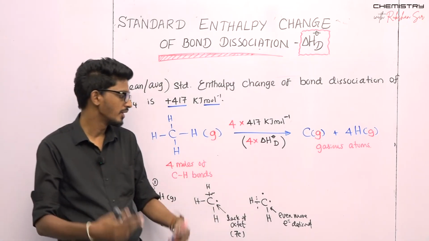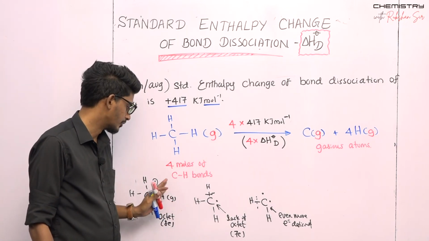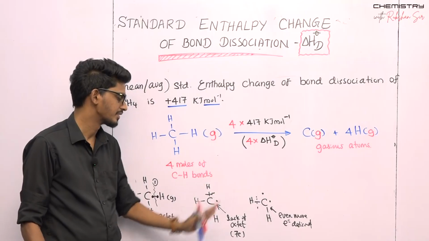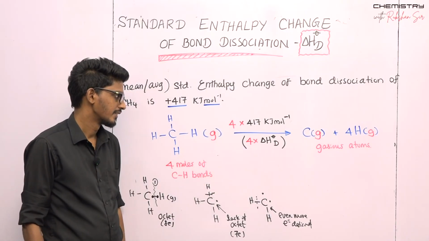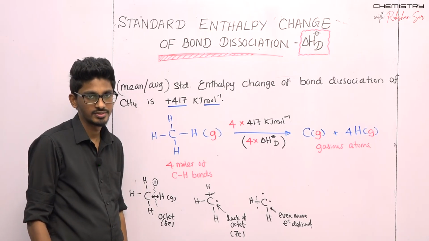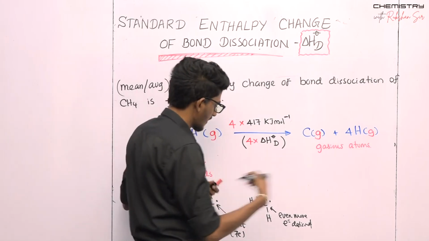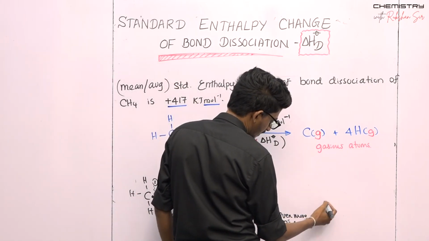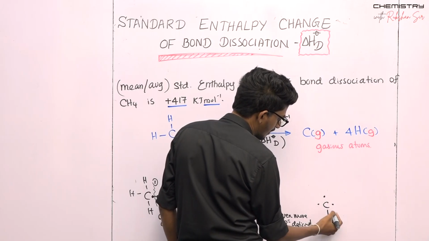So you have to apply more energy. So these three bond dissociations need three different kilojoules per mole values to dissociate those bonds, right? But for the fourth one, that will be easily released, Lamai.